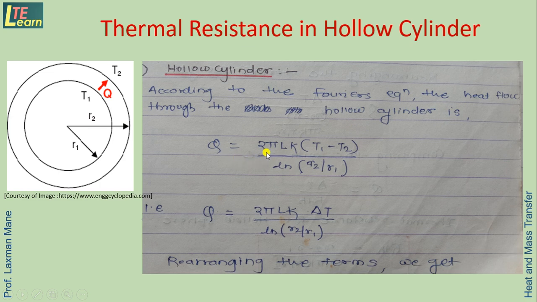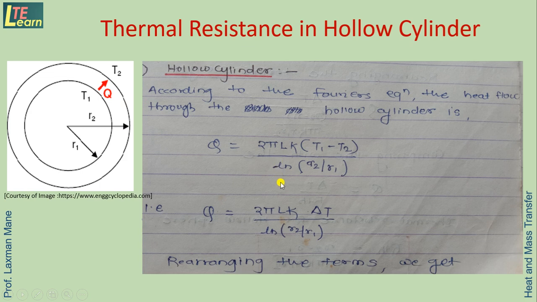Q is equal to 2 pi L k into T1 minus T2 divided by natural log of ratio of radius R2 to R1. Here L is the length of the infinite hollow cylinder, k is the thermal conductivity, and these parameters are already shown in the diagram.